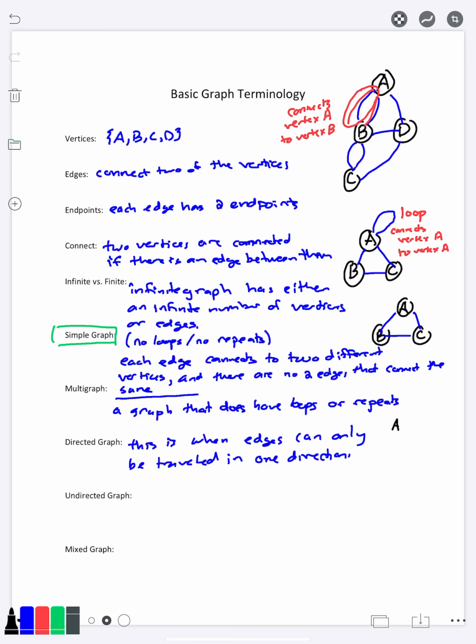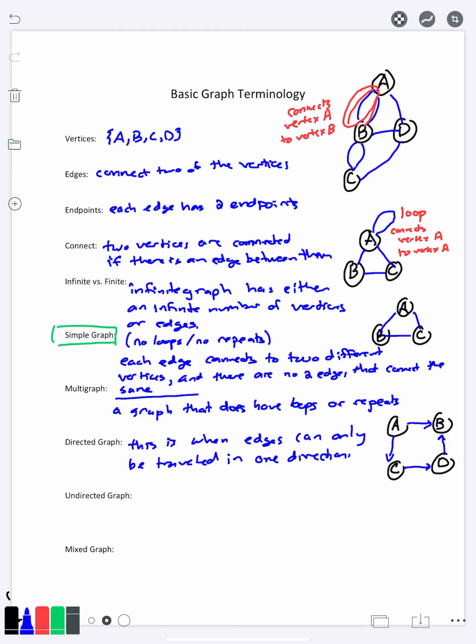So for example, let me make up a quick graph here. A, B, C, D. Maybe if you are currently in A, you can go to C, but it's a one-way street. You could not come back. Similarly, maybe you can go from A to B, but not back. And maybe you can go from C to D, and you can go from D up to B, but you can't do any of the reverses. So that's what a directed graph would look like.